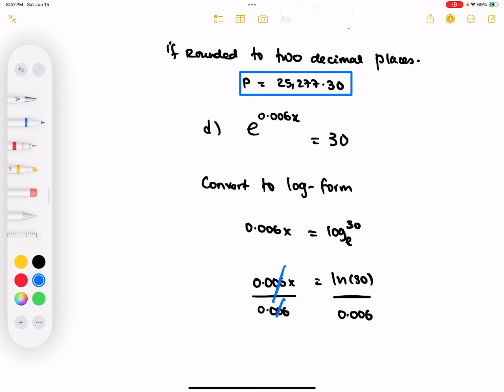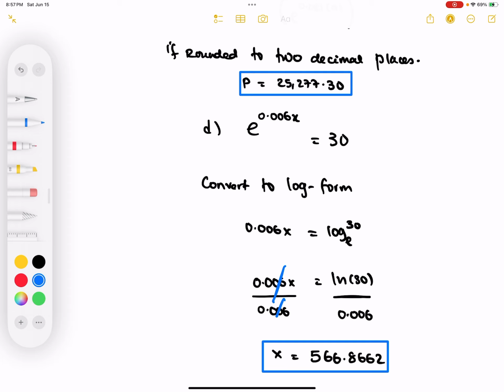Then you can see this cancels, and I just isolate x. So I go to my calculator, ln of 30 divided by 0.006, and it gives me the value 566.8662. This is the value of x for the given problem.